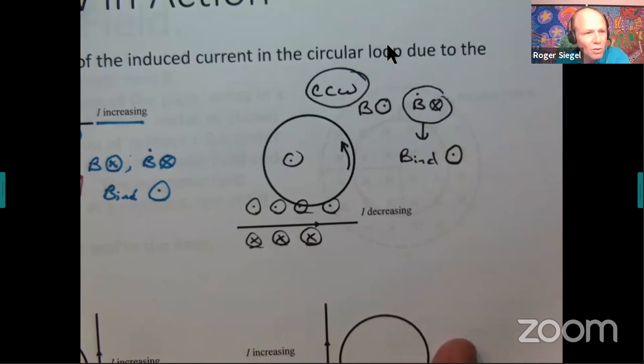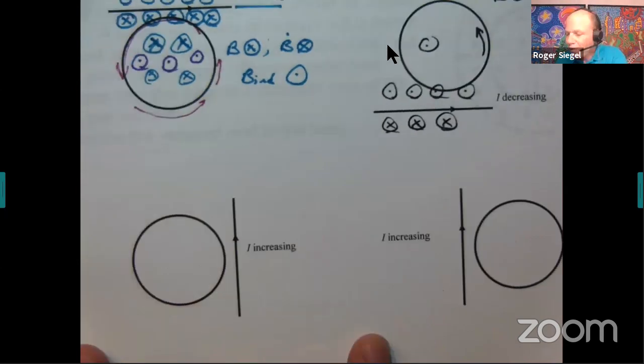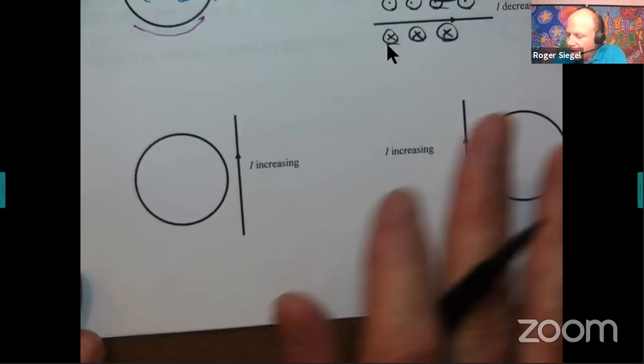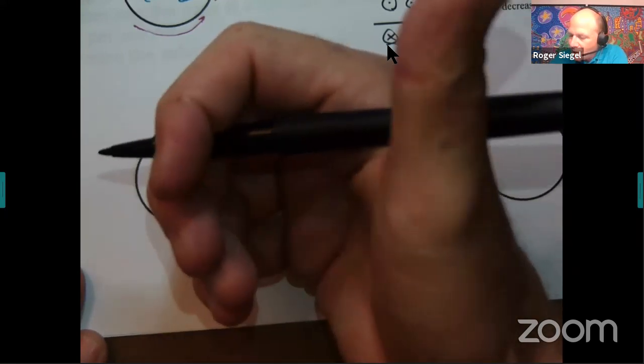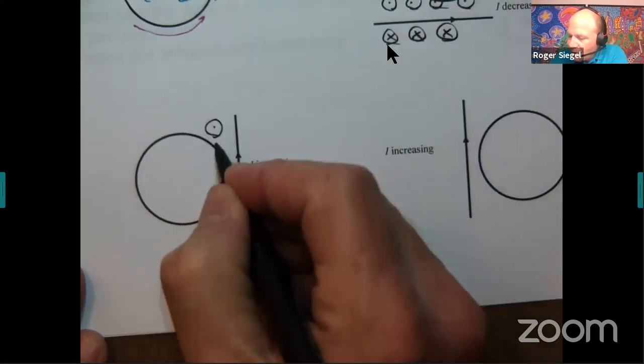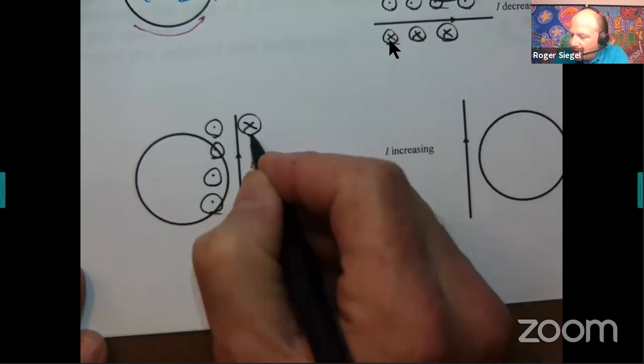Okay, two more real quick, and then we're going to throw it back to Kristin. All right, on this one, we've got an increasing current. And I'm going to use the grip rule. The grip rule tells me that my B field is coming out of the page here and going into the page here.